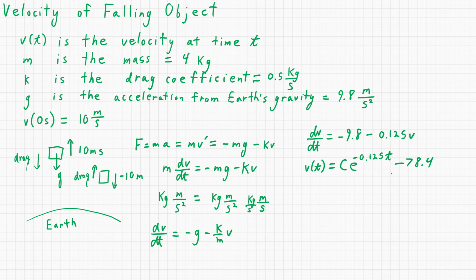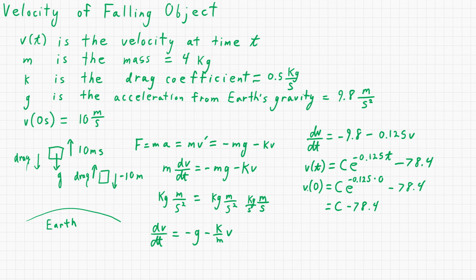To solve for c, you pretty much do this. You say v at time 0 equals c times e to the negative 0.125 times 0 minus 78.4. Well, this thing is 0, e to the 0 is 1, so that's just c minus 78.4.